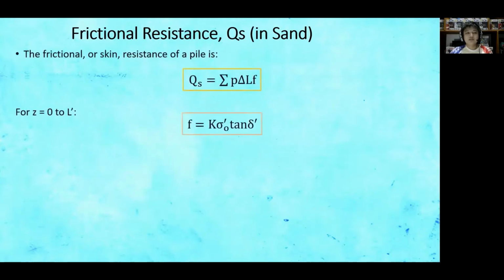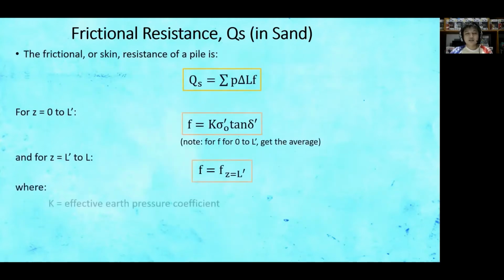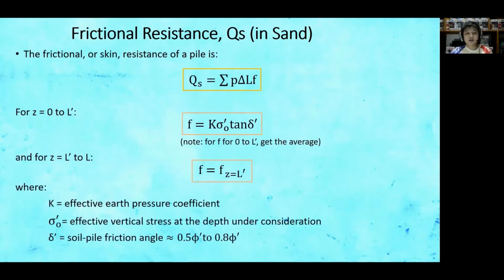So the skin frictional resistance of a pile, Q sub S, is equal to the sum of P times delta L times F. Again, P is the perimeter, delta L is the segment length, and F is the unit friction. For Z equal to 0 to L prime, F is equal to K times sigma O prime times tangent of delta prime.